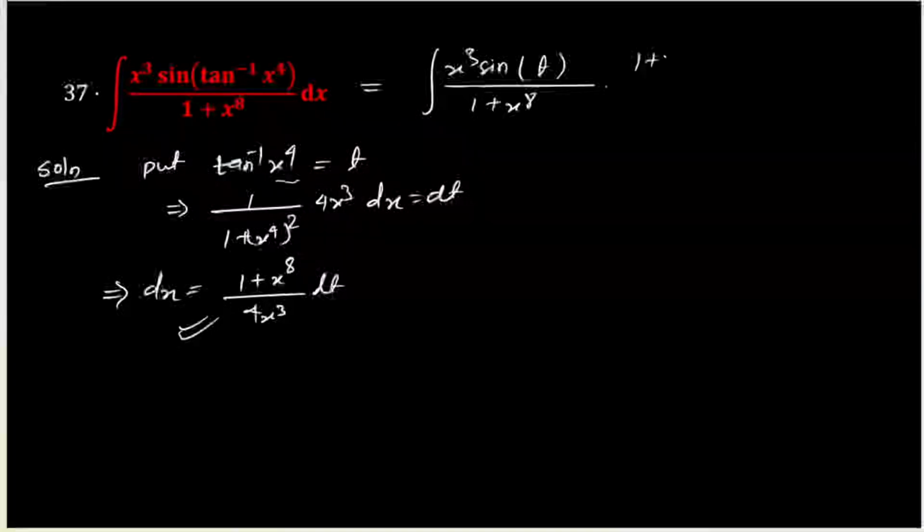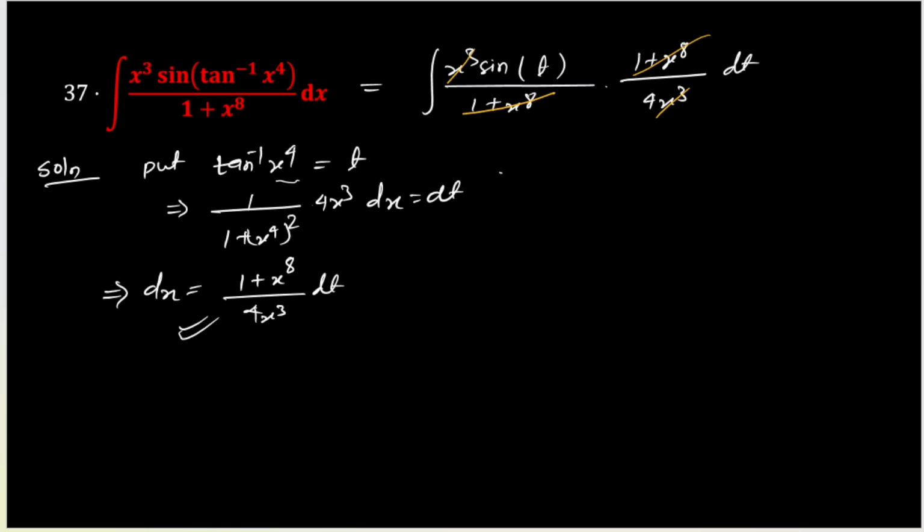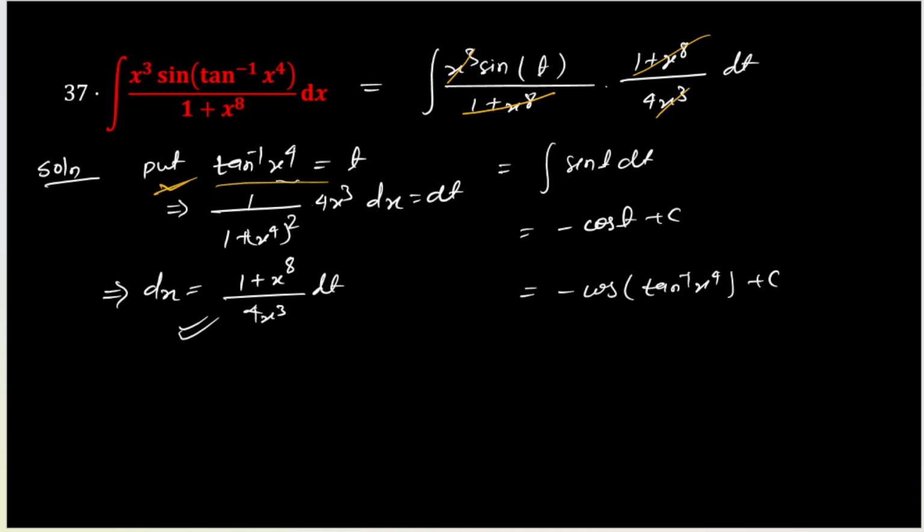So dx is equal to (1 plus x to the power 8) by 4x cubed dt. So x cubed and the x to the power 8 terms cancel, and this is cancelled. So it equals the integral of sin t dt, which is minus cos t plus c, and replacing t, we get minus cos tan inverse x to the power 4 plus c. This is the required answer.